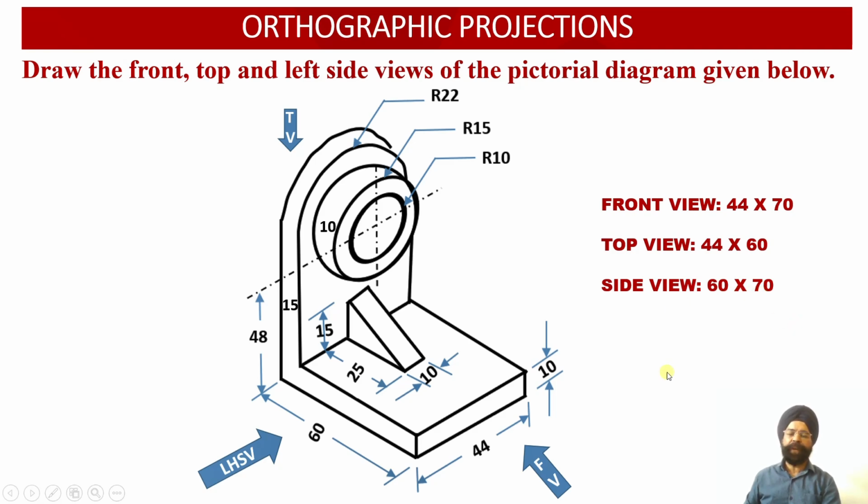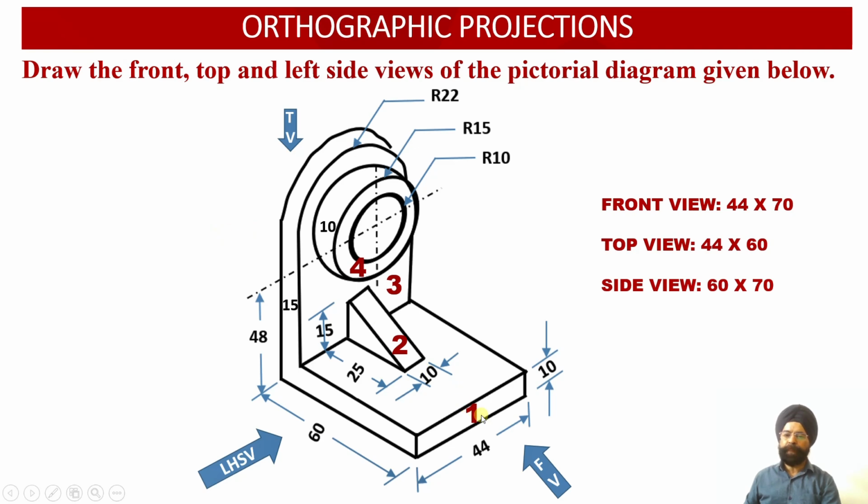Now let us see the different faces which we are going to observe while we look at the solid from the front side, from the top side and from the left hand side. As we look at this solid from the front side, these are the four surfaces which will be visible to us. Surface number 1 corresponds to the bottom web, which has the dimension 44 millimeter by 10 millimeter. This surface 1 is parallel to the vertical plane.